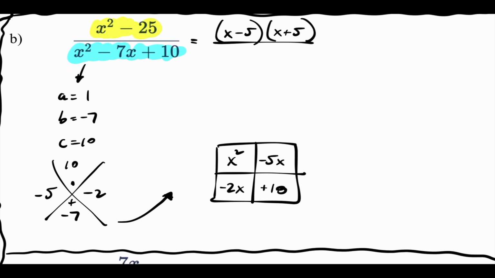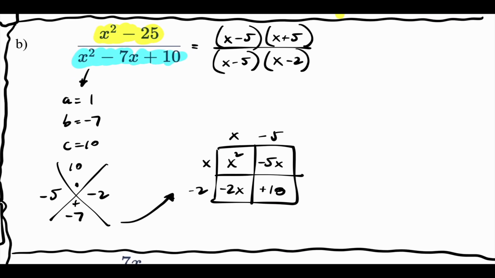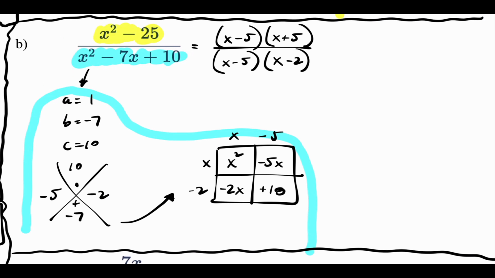Minus 2x. So we get x minus 5 and x minus 2. Okay, last step, look for things that can cancel out. X minus 5 and x minus 5.